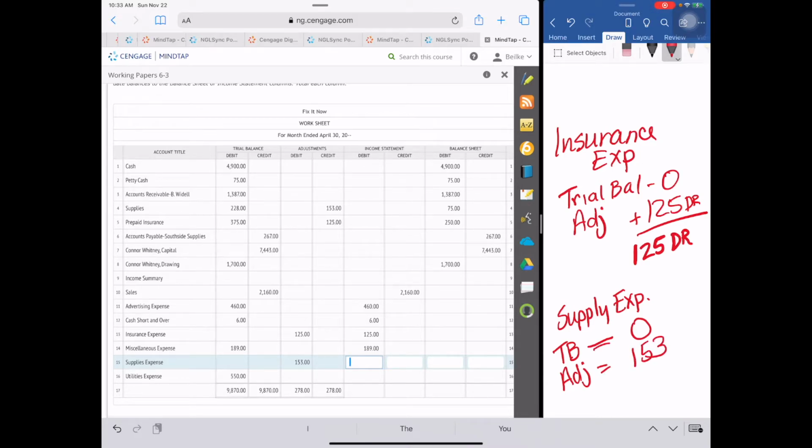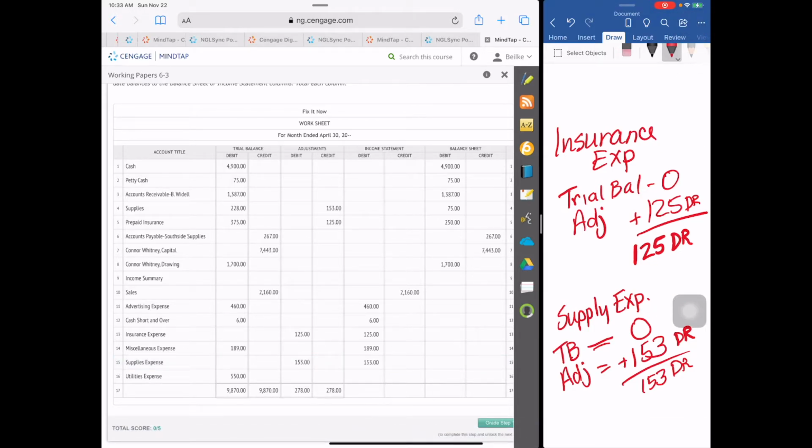I should put equal signs there. Okay, 0 plus 153 is a 153 debit. So we will go in here and put 153 as a debit. And utilities has a $550 balance.